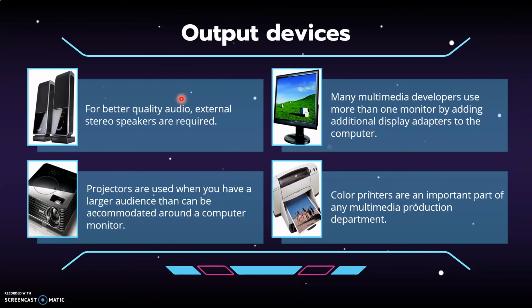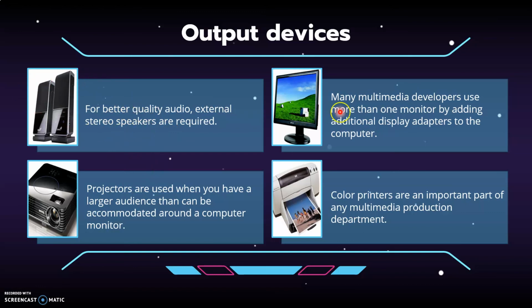So lastly we have the output devices. Output is what we display to the user. Anything that you want to display to the user in terms of pictures, videos, you can use the output device. So as you can see here, you can use speakers for better quality audio.